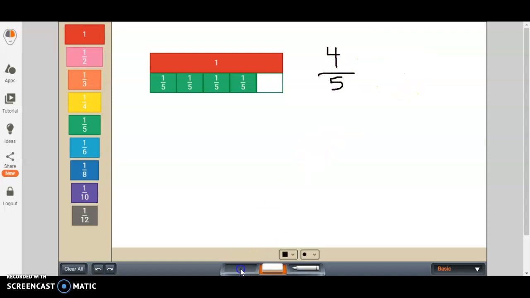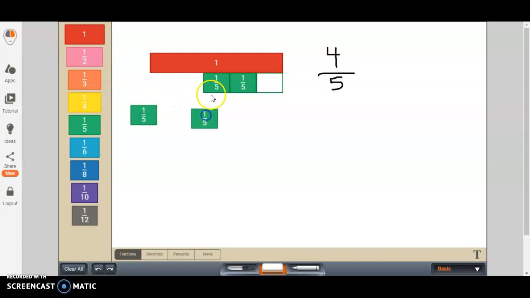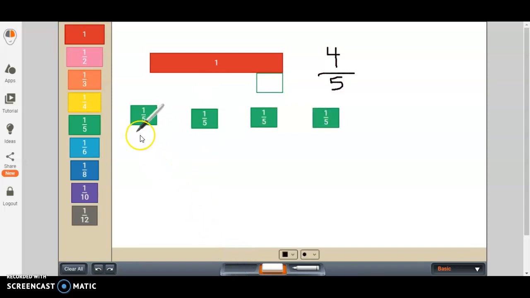But if we look at this a little bit more closely, we can see that we actually have 4 pieces. Right? We actually have 1/5 plus 1/5 plus 1/5 plus 1/5 is equal to 4 fifths.